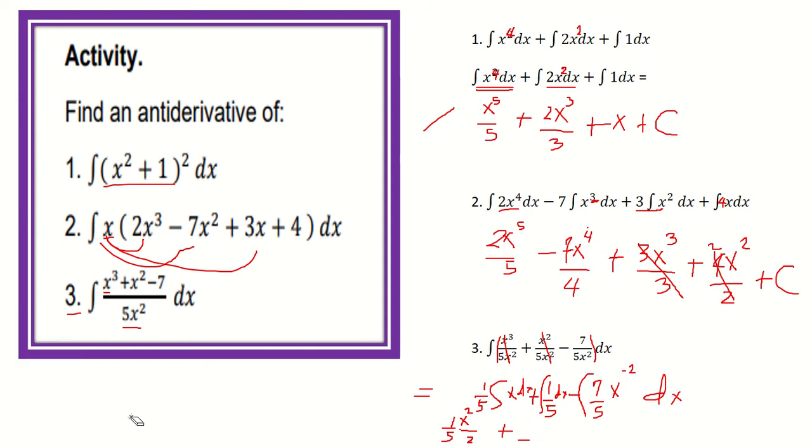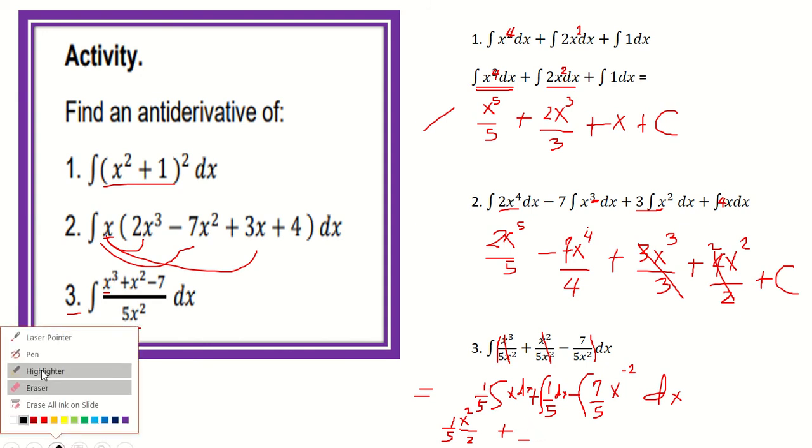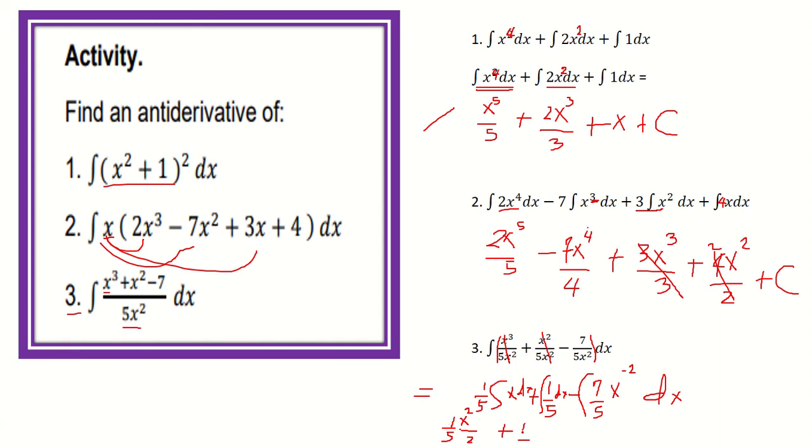Plus pala yan, sorry. That is 1 over 5 x. Okay. Sunod minus 7 x to the power of, mag plus 1 tayo dito. X to the power of negative 1 over negative 1. So, what will happen? That becomes x squared over 10. Na? X squared over 10. Tama ba?